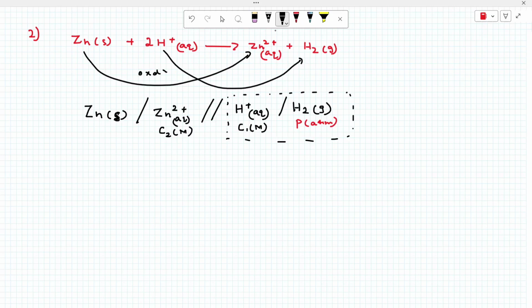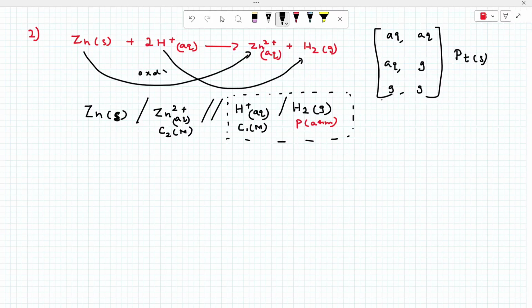Understand? When both are aqueous, or aqueous and gas, for these combinations we can use the platinum electrode to give the surface for the reaction. Therefore, the complete answer is with platinum solid. You got the point? This is a complete cell representation.